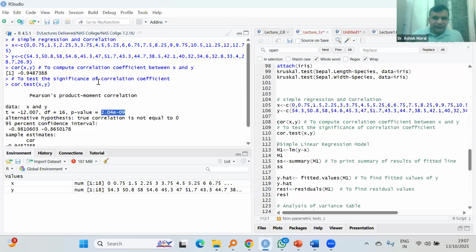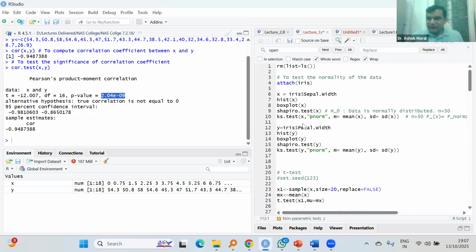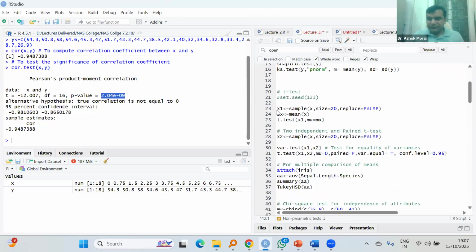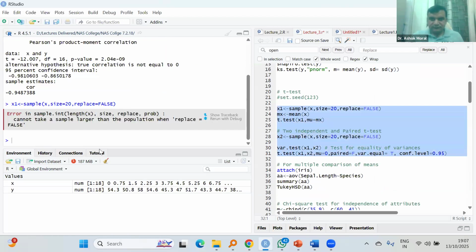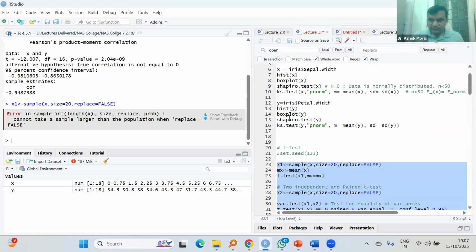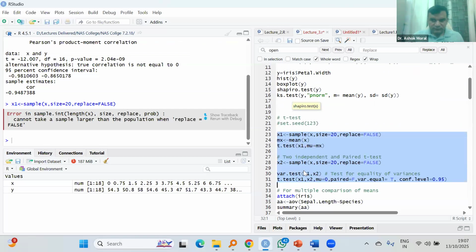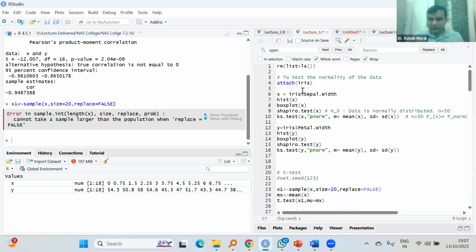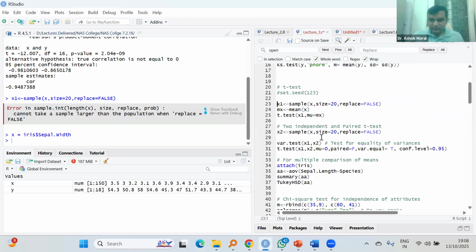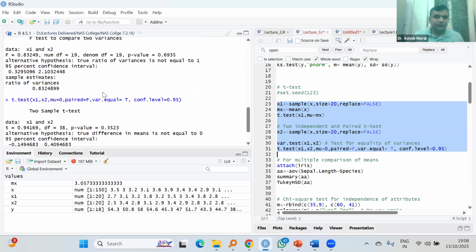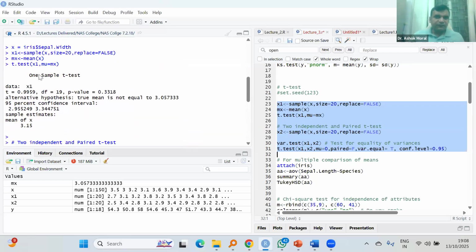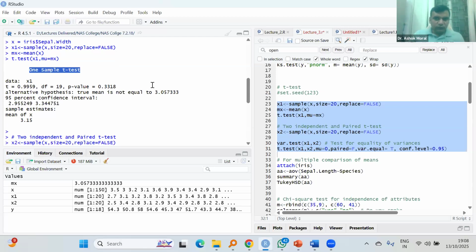So in the previous case, initially, it was this one. If you talk about this one sample t-test, just you can see that I also told you that this is the mean of X and this is the mean of X1.